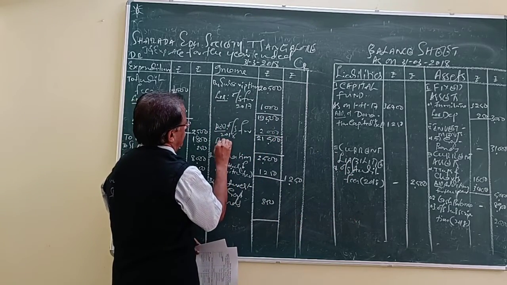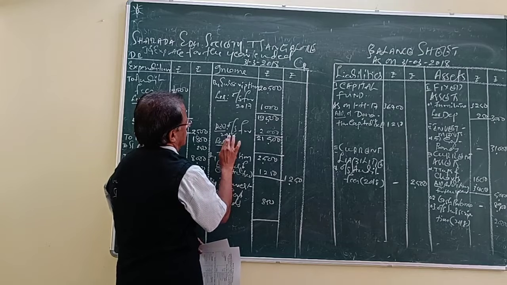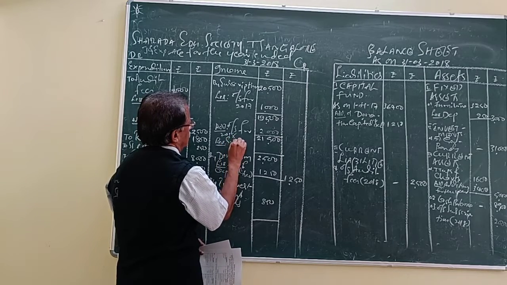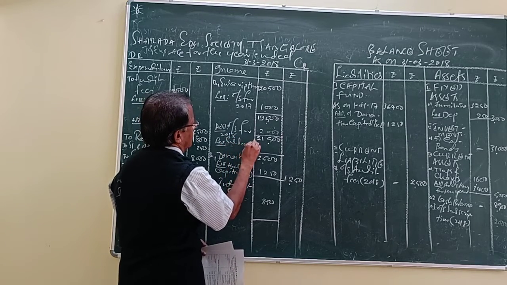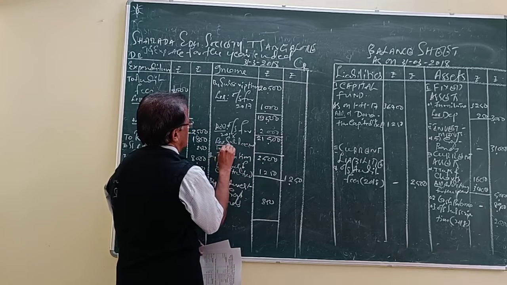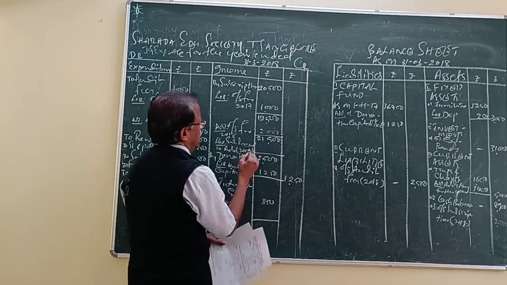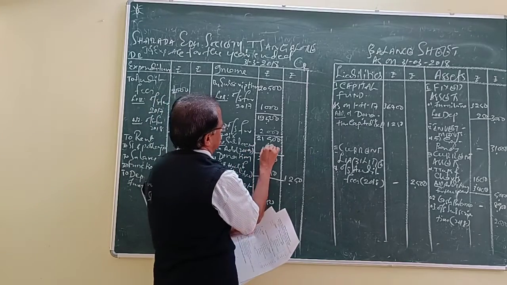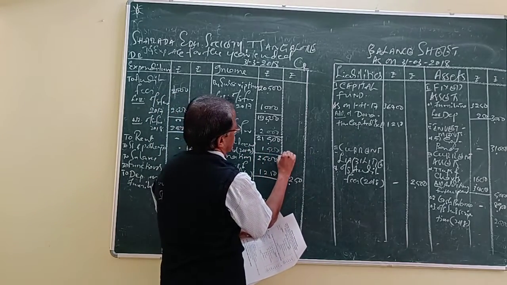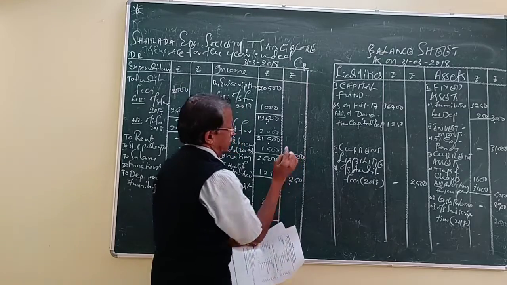Less subscription received in advance in bracket 2019. How much? 1,500. Then outer column 20,000.